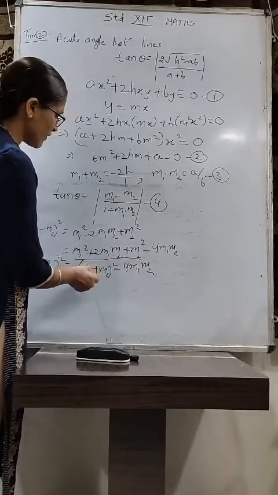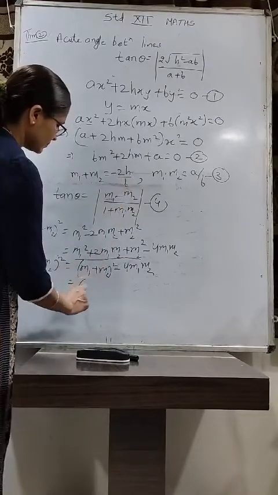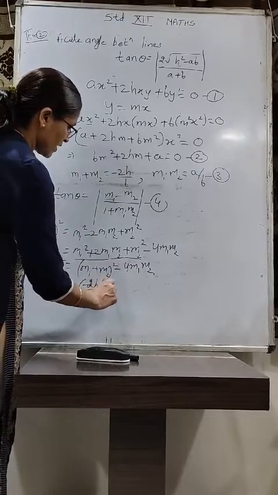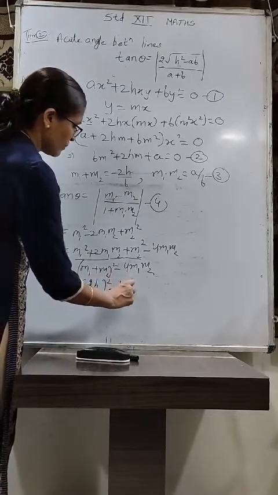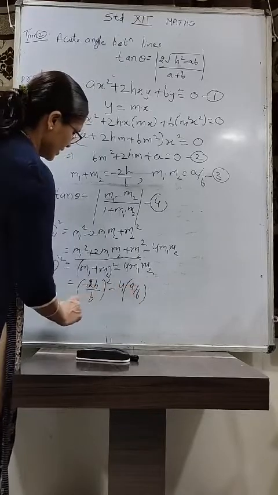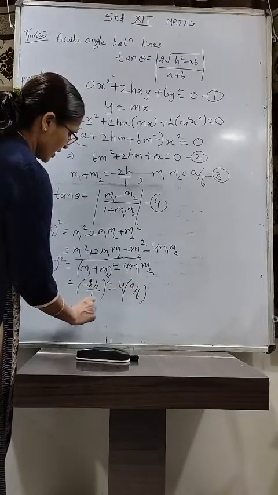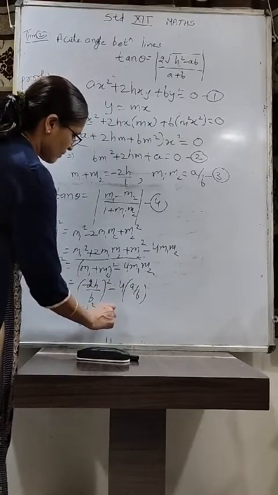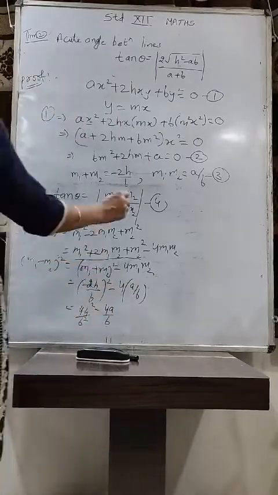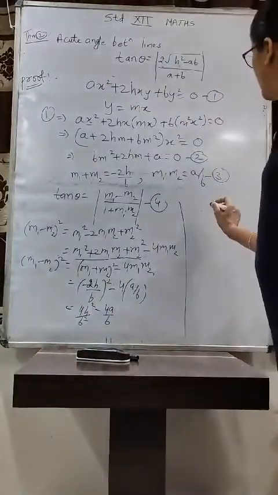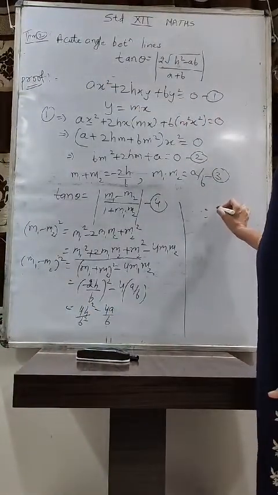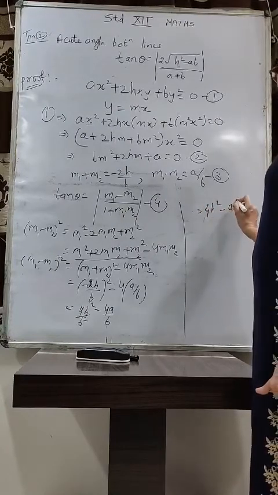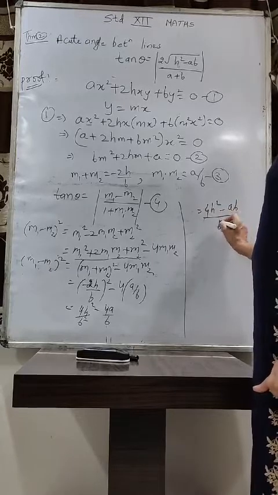Now substitute the value of m1 plus m2. It is (minus 2h upon b) whole square minus 4 times m1 into m2, which is a by b. So this will become 4h square upon b square minus 4a by b, and we have to solve this term. So this is equal to 4 times h square minus ab upon b square.